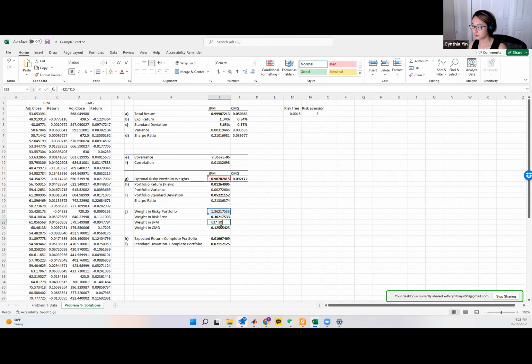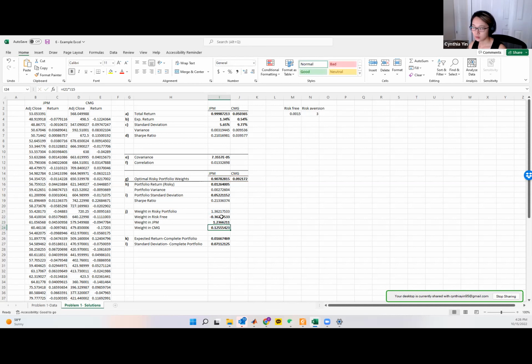Within the risky portfolio, you invest in JP Morgan and Chipotle. Your total wealth is divided first between the risky portfolio and the risk-free rate. And within the risky portfolio, you invest around 90% in JP Morgan. So this number tells how much of your total wealth is invested in JP Morgan. And this one tells you how much of your total wealth is in Chipotle.